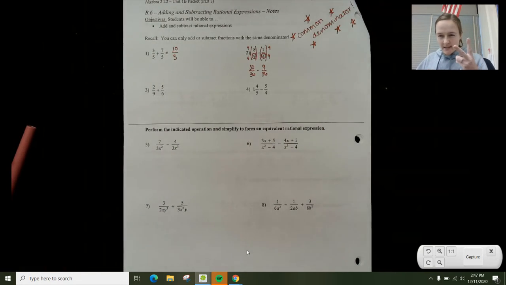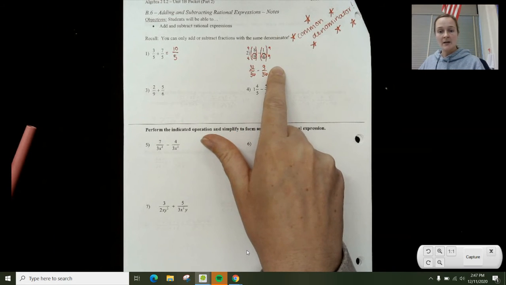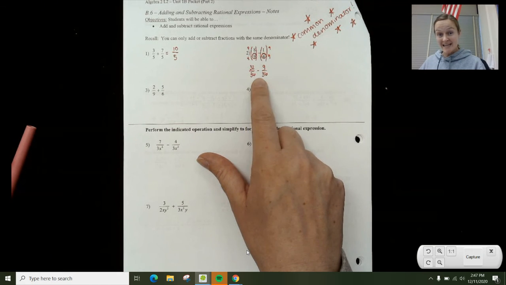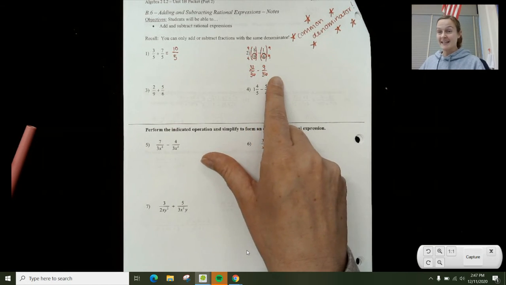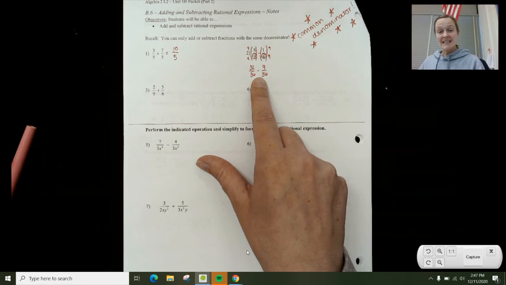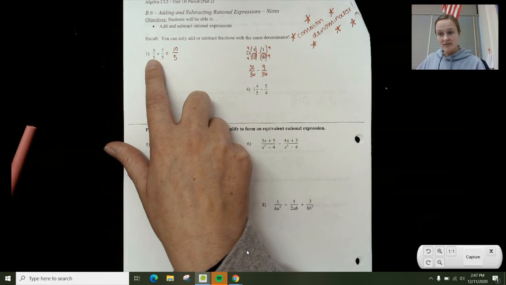I call it tradesies because you take one denominator and give it to the other fraction and the other denominator and give it to that fraction. So I've given the 4 to this fraction and the 9 to this fraction. And now I've got 32 36 minus 9 36. That's hard to say. So notice this is a subtraction problem. In addition, I added the numerators.